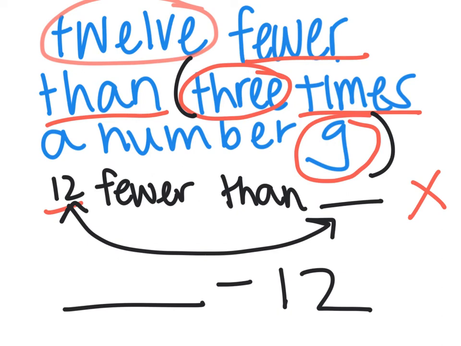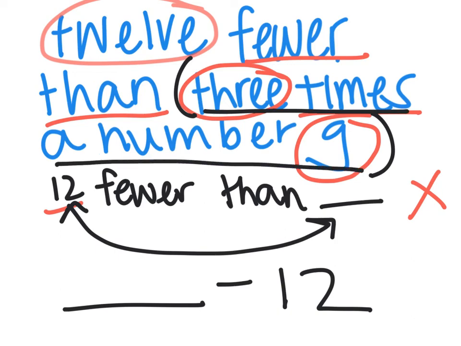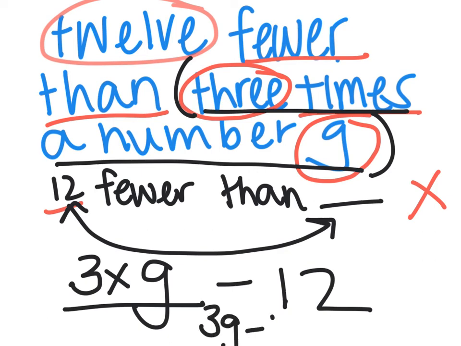So 12 comes second. Now I can worry about what that something is, this part here. 3 times a number g. So remember, with multiplication, it's nice and easy. The order doesn't have to change. 3 times a number g. Okay? So I can write this as 3 times g minus 12, or 3g minus 12.